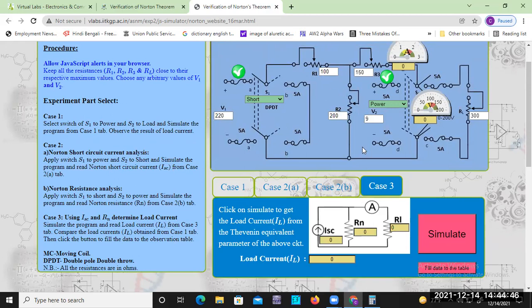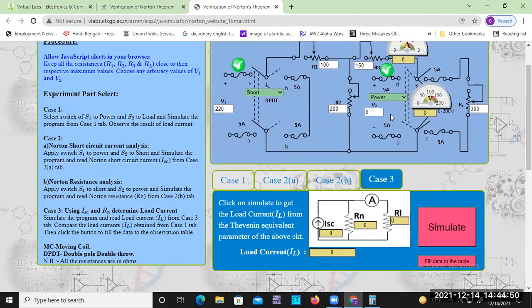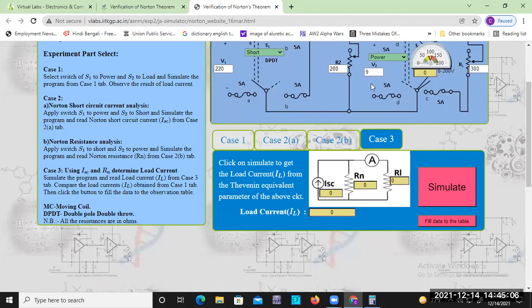But this resistance never changed, and because we don't change it, the equivalent resistance also does not change over here.